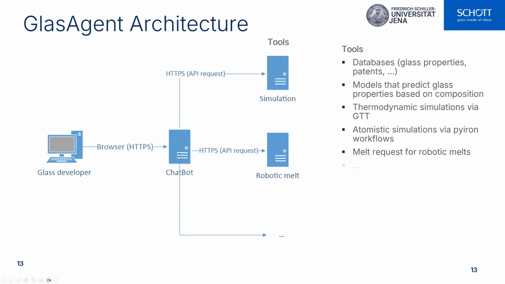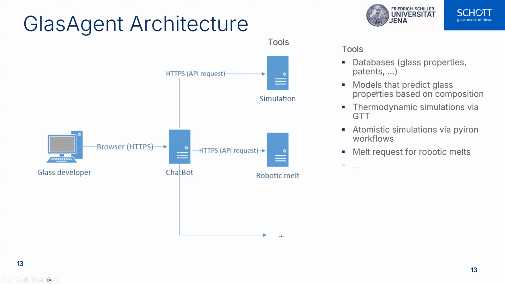So how does this chatbot work? The idea is there's a glass developer at Shot, and they open their browser and log into a chatbot, and that chatbot is powered by a large language model, and it has access to a range of tools. It can search in glass databases.